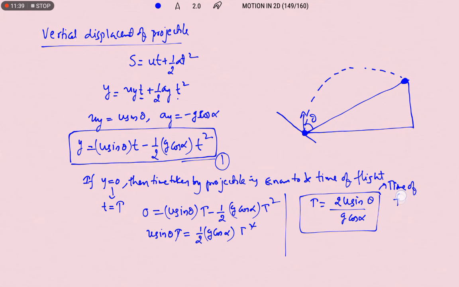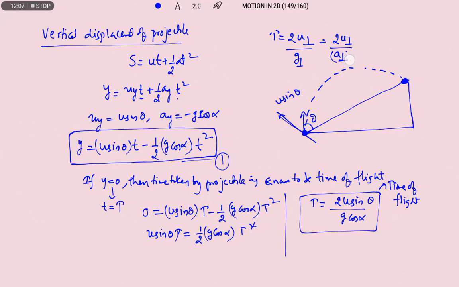So if you compare this with our general expression, what is the expression for time of flight? Time of flight T equals 2 times vertical velocity by vertical acceleration. So vertical velocity in case of the projectile is u sine theta.